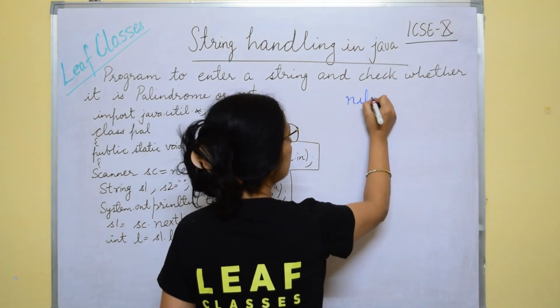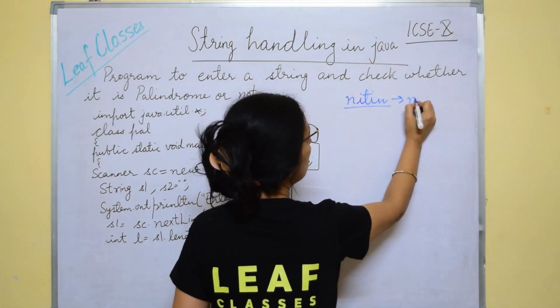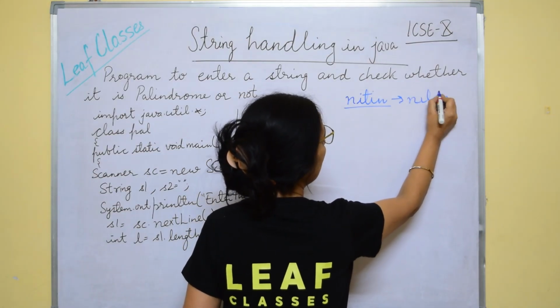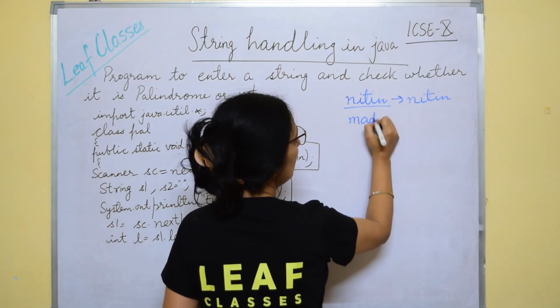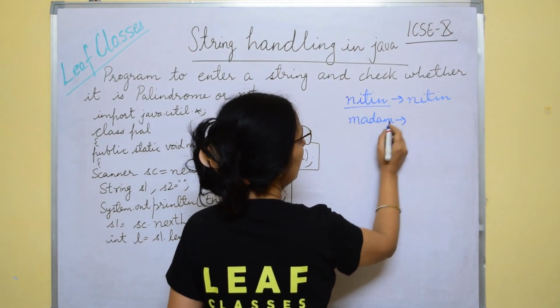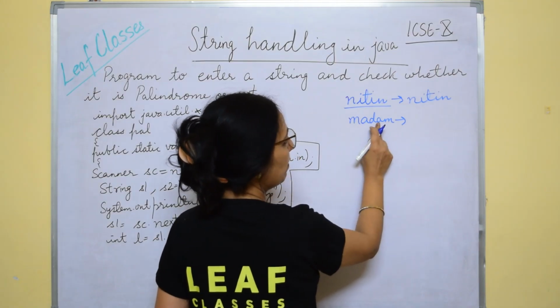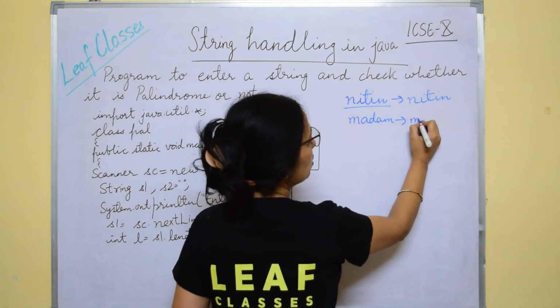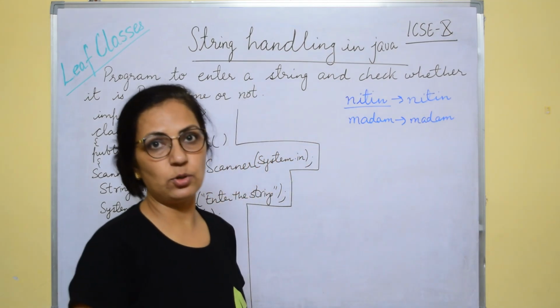Suppose the word is Nitin. The reverse of Nitin is also N-I-T-I-N. The next example, MADAM: if you write it from right to left, again it is M-A-D-A-M. So these words are known as palindrome words.